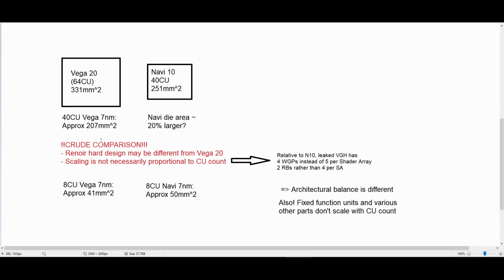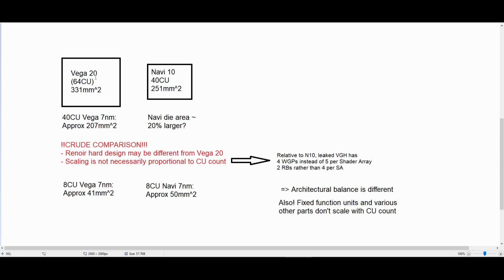The reason I used Navi 10 instead of one of the RDNA 2 chips is because the L2 cache adds quite a lot of size. If you compare Navi 10, so 40 CUs RDNA 1, to 40 CUs RDNA 2, so that's on Navi 22, Navi 22 has quite an increase in die area for the same CU count. And you might see from some of the performance testing, I think Hardware Unboxed did at the same clock speed, Navi 10 and Navi 22 perform about the same.